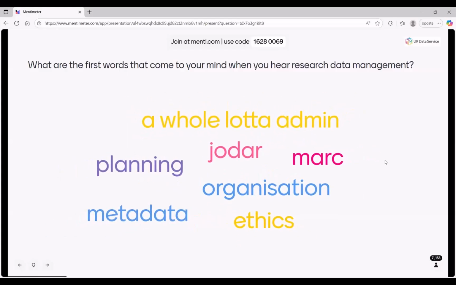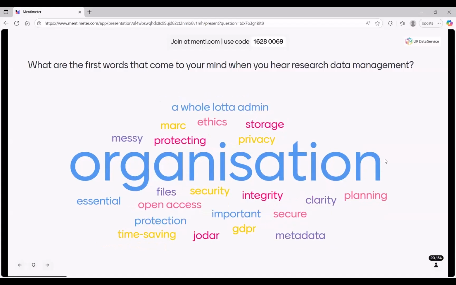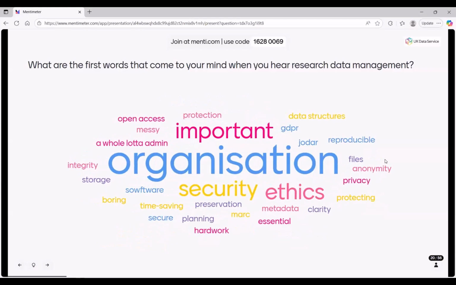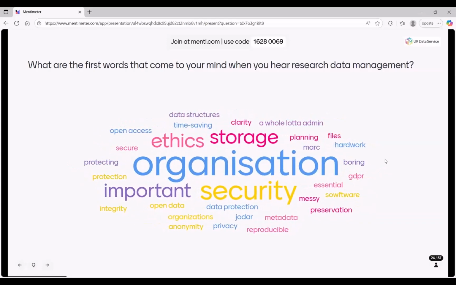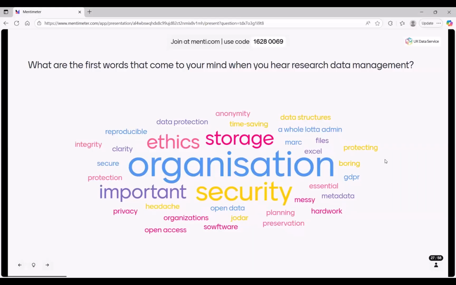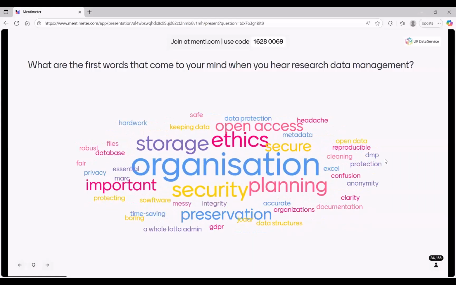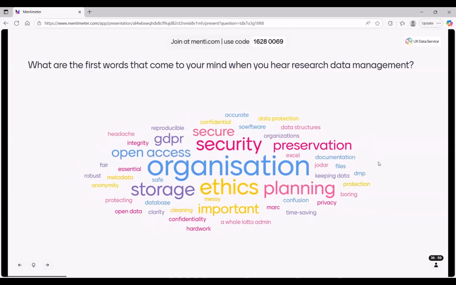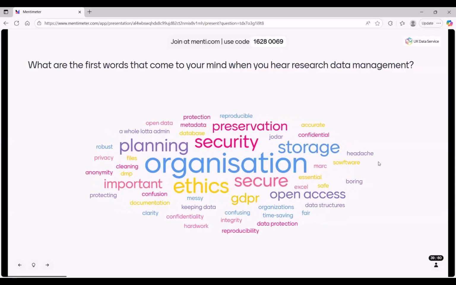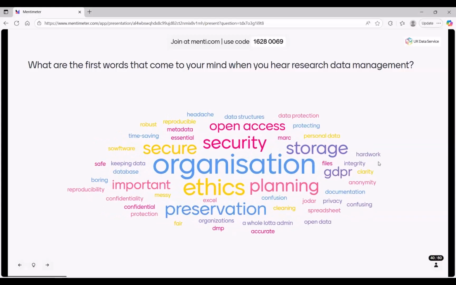So ethics, organization, open access, metadata, preservation, secure, anonymity, data structures, reproducibility, privacy, headache. That's interesting. Cleaning, DMP, file integrity, Excel.